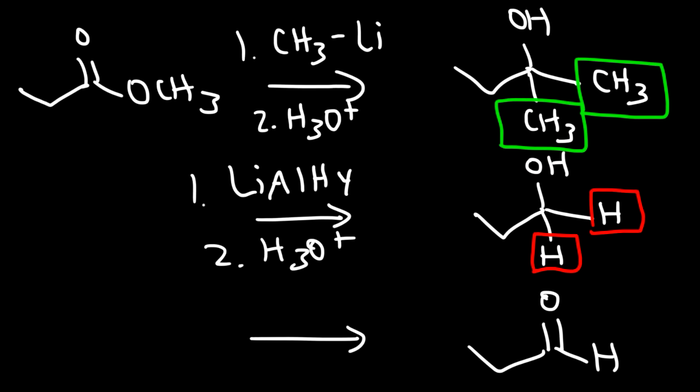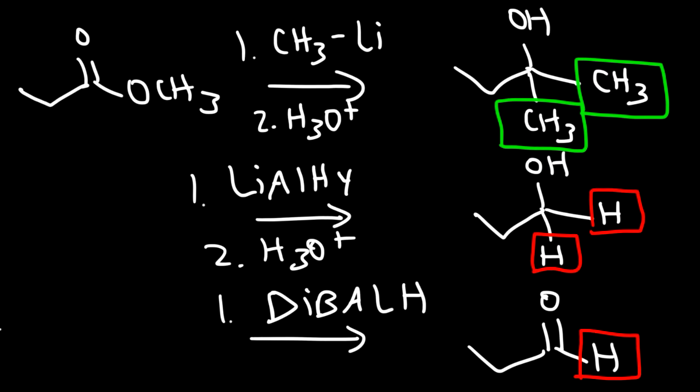Now, what about making the aldehyde? In this case, we're going to use something different than the other reagent, lithium aluminum tri-tert-butoxy hydride. We're going to use something called DIBAL. Sometimes you might see it like this, sometimes you might see it as DIBAL-H with an H. But it's the same thing. And then in the second step, we're going to react with water.